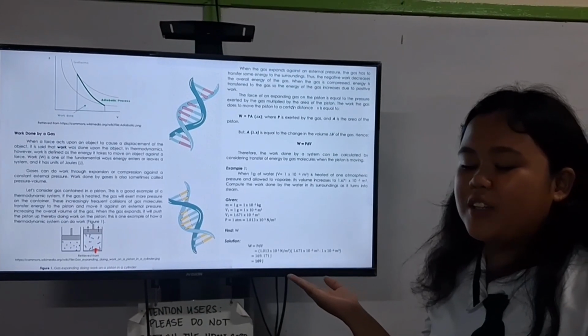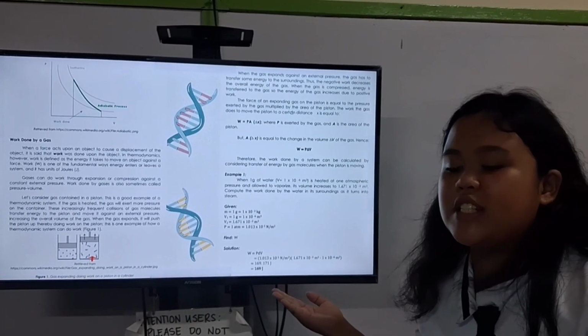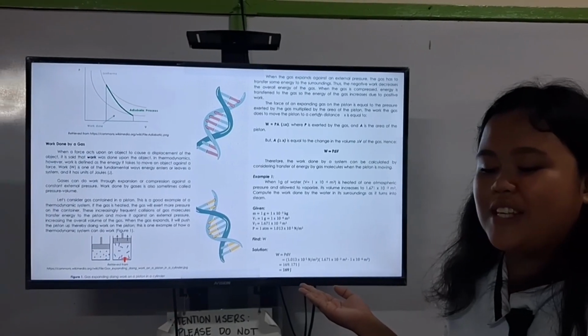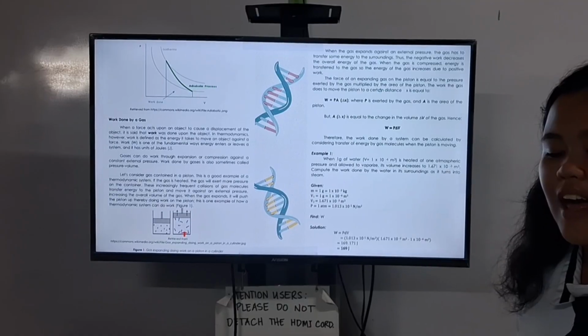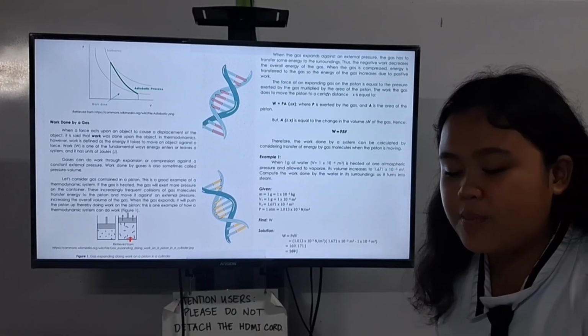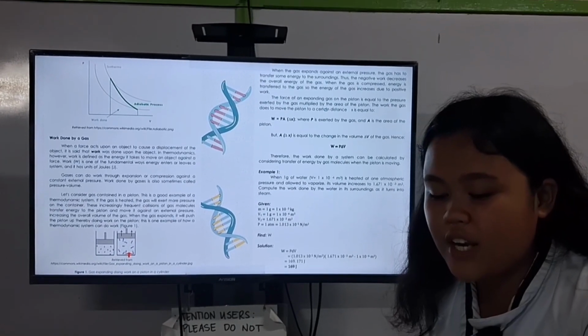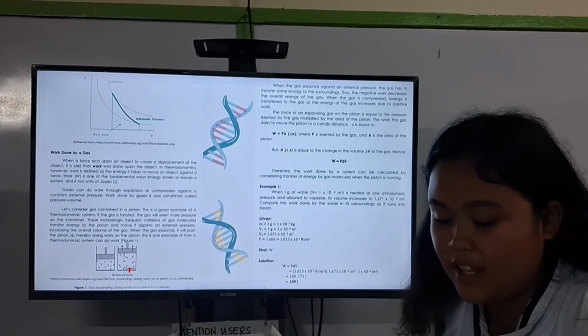So in this example, the givens are: m, the mass, is equal to 1 gram, which is 1 times 10 raised to the power of negative 3 kilograms.